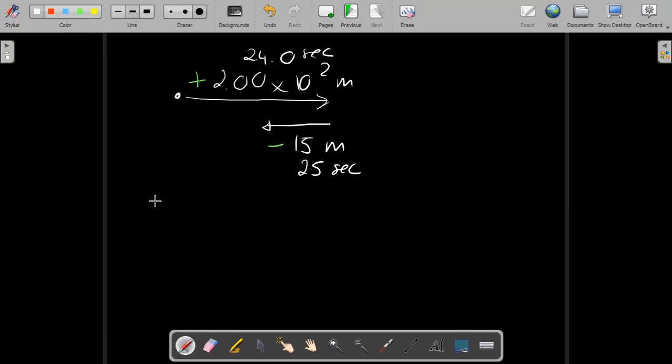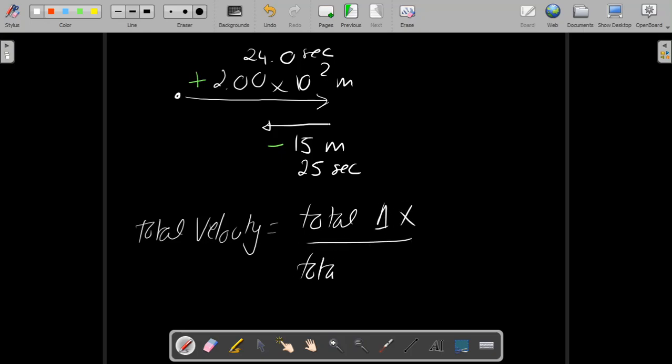So the total velocity, well, that would be the total displacement divided by the total time. I hope you noticed that. So what is the total displacement? What's the displacement here? All of it. Positive 2.00 times 10 to the 2. And then going that way, a negative 15.